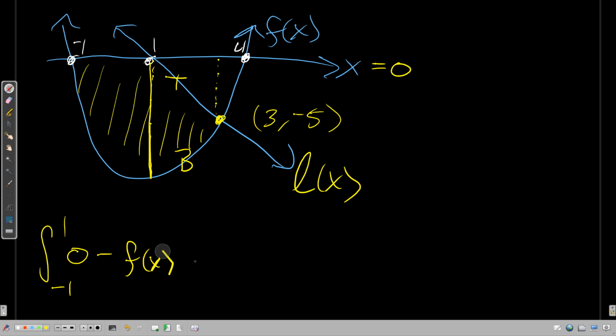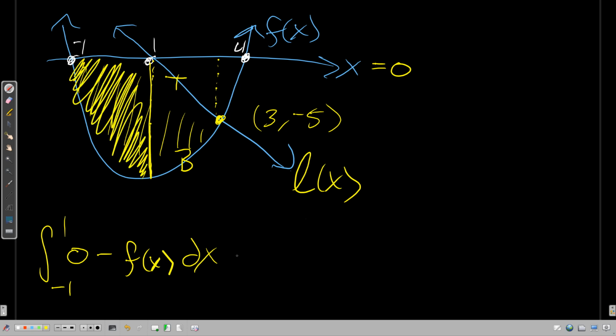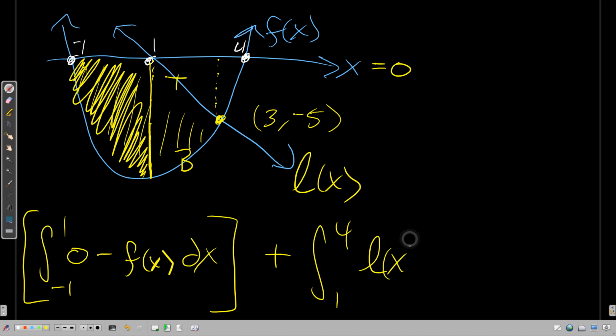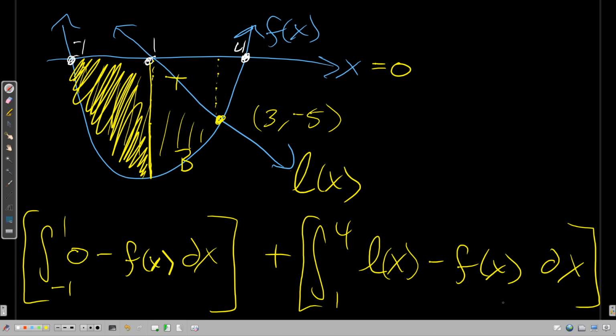And so that integral would be this part, and then you'd have to add to it. So there's a positive number, and you'd add to it the integral from 1 to 4 of the top curve minus the bottom curve. And then this is also a positive number.